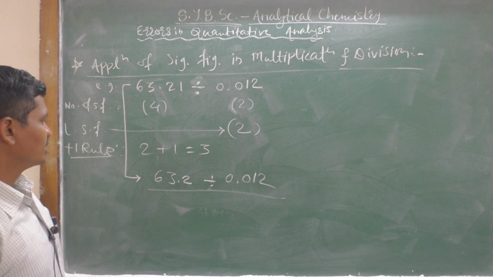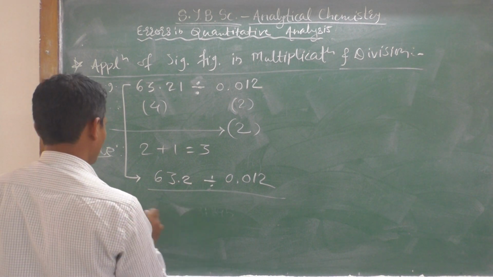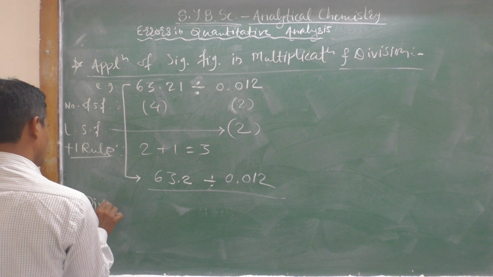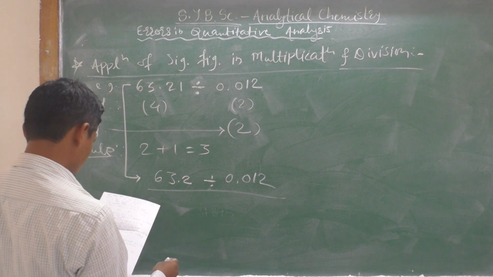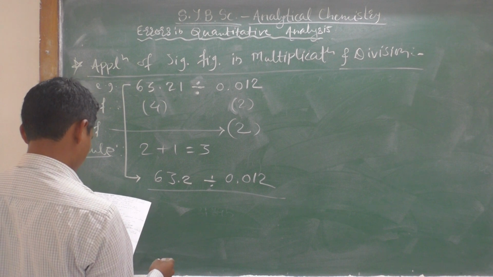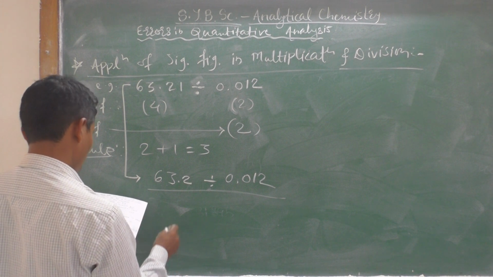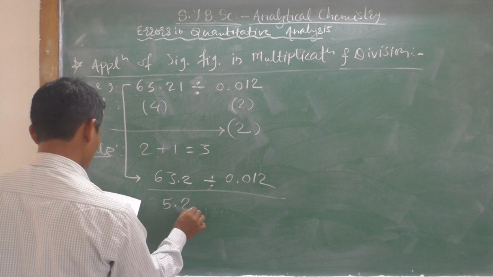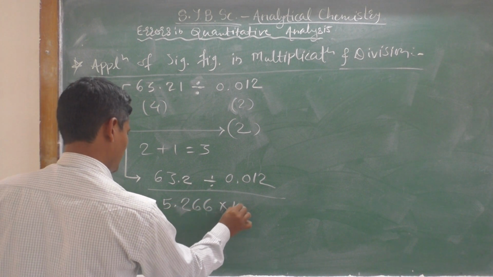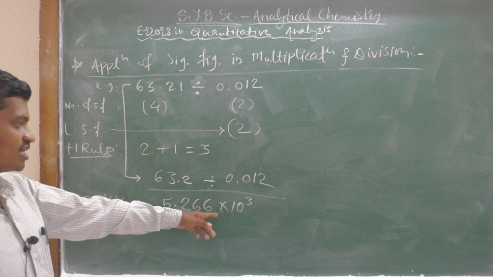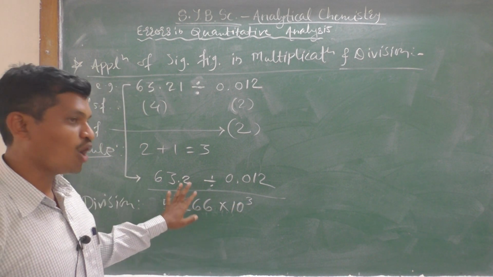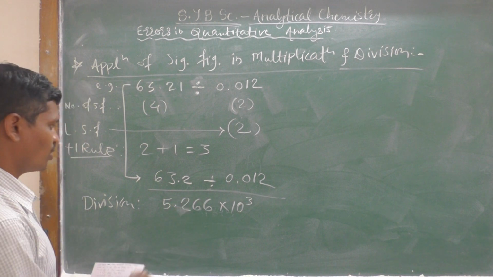Okay, now the answer of the division of these 2 numbers is 5.266 into 10 raised to 3. This is the division obtained by using a calculator.